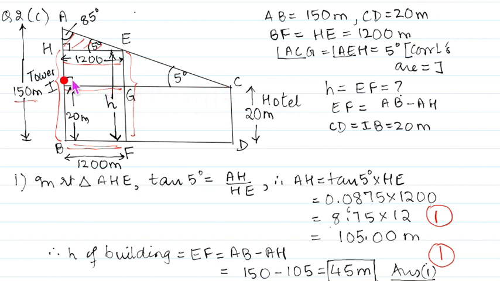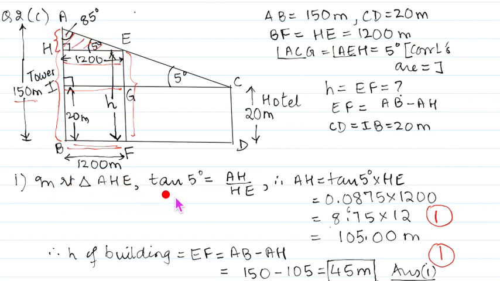So if this is perpendicular to this, if this is 5 degrees, this will be 5 degrees, corresponding angles, yes. And this is 5 degrees, so this is the complement, which is 85 degrees. Let us see how and when we can use this. So basically, if I know this full thing is 150, and if I have to find HB, then I will first find this using this triangle. Can you see that?